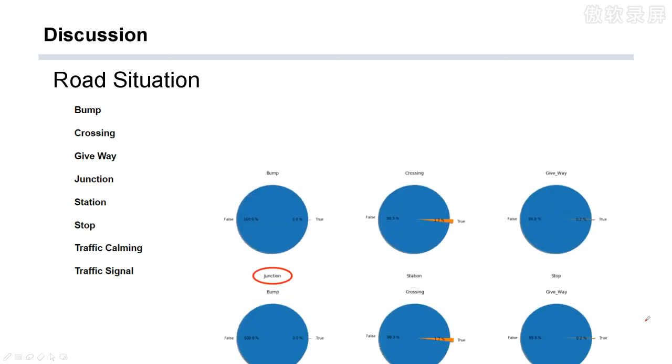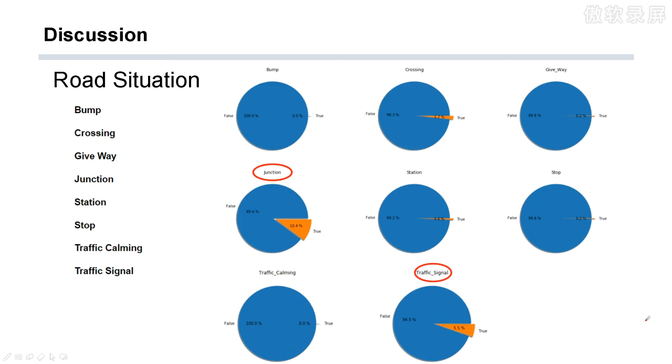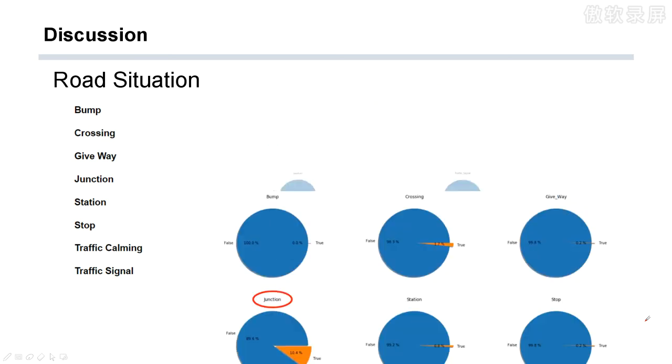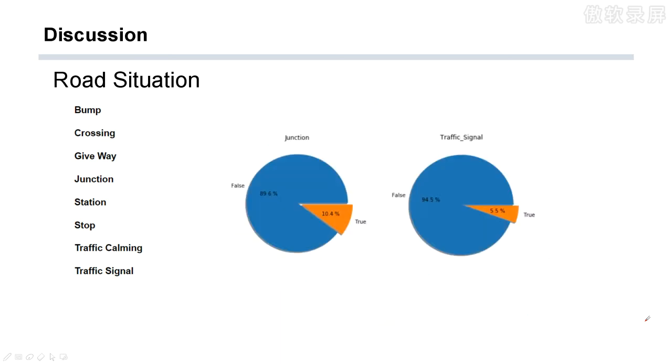So, junction and traffic signal are two possible factors of road situation that will cause traffic accidents. The reason should be that the driver may not be aware of a danger due to vision and other reasons at the junction. A broken traffic signal will also cause an accident.